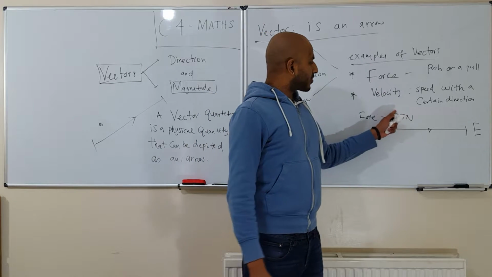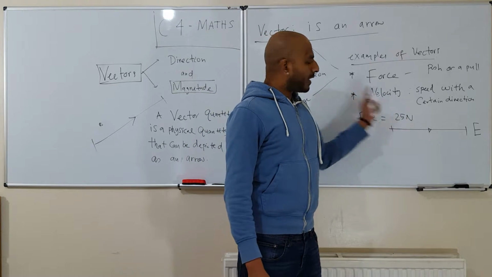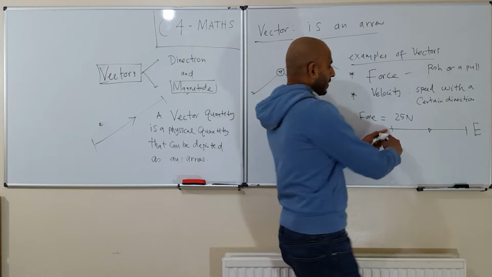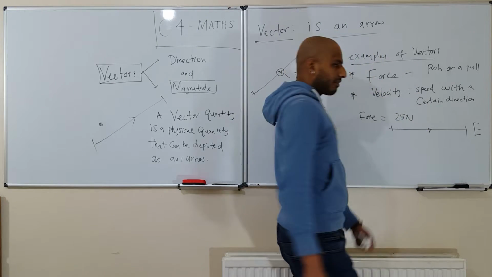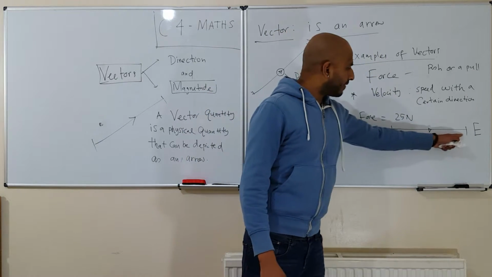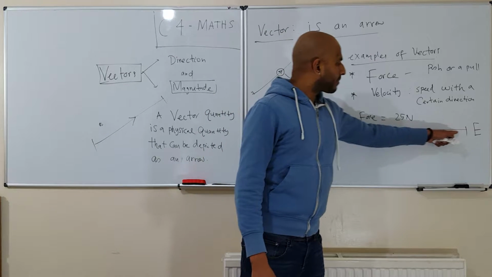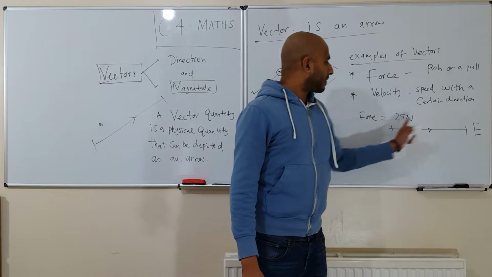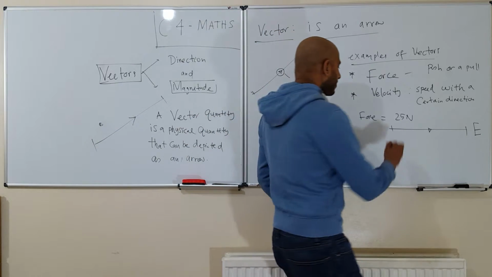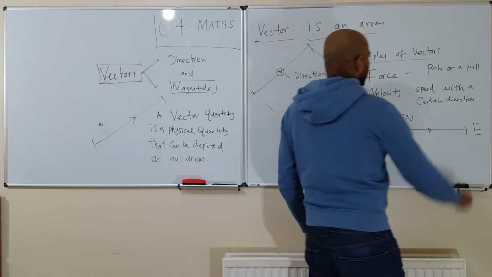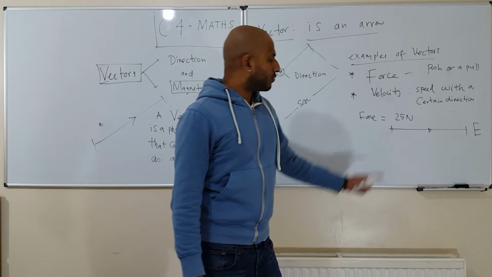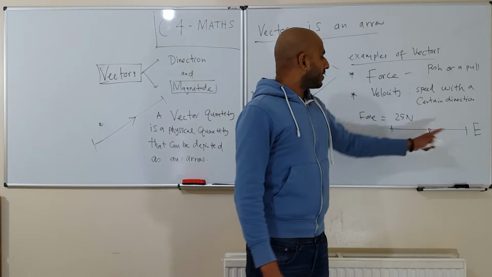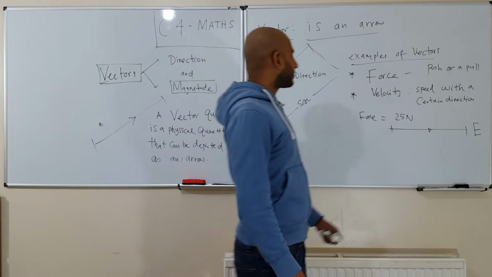The 25 is a size. So this 25 should be incorporated with the size of the arrow, with the direction and the size. The length of this one can be 25 newtons, 25. And the direction is given by that direction.